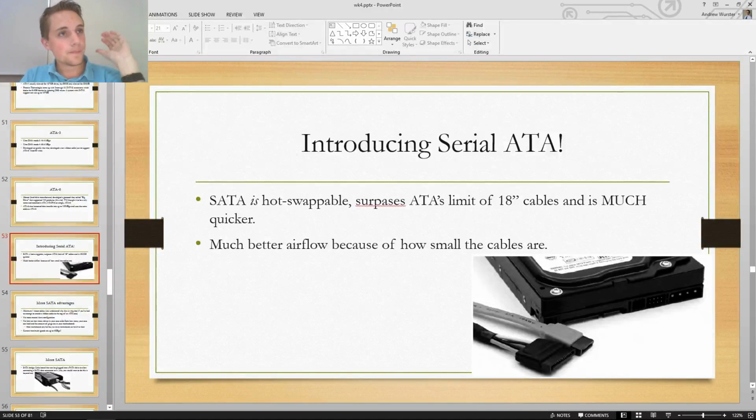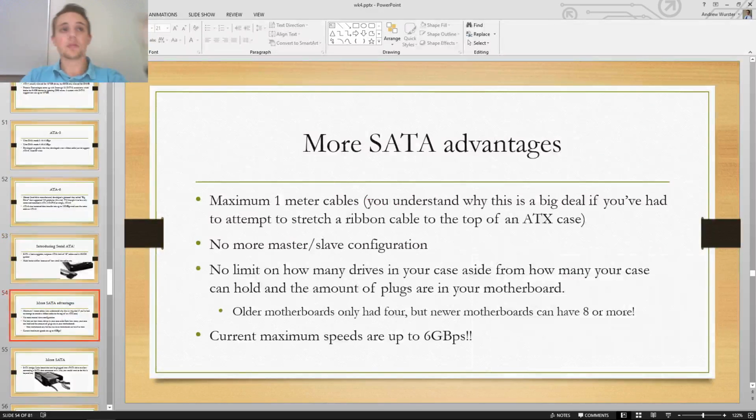Because of how small they are, you get more airflow once again. So if you have a modular power supply and you have SATA cables in there, you get lots more. One meter cables, which you'll never have ones that big because you'll have problems with cables getting into fans and all kinds of problems. No more master-slave stuff either, so that's really great.